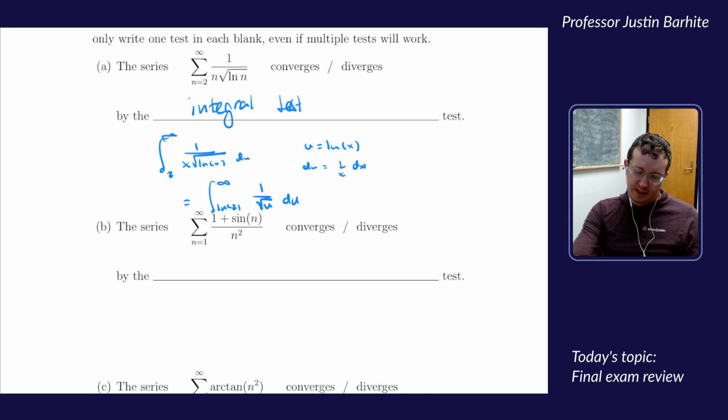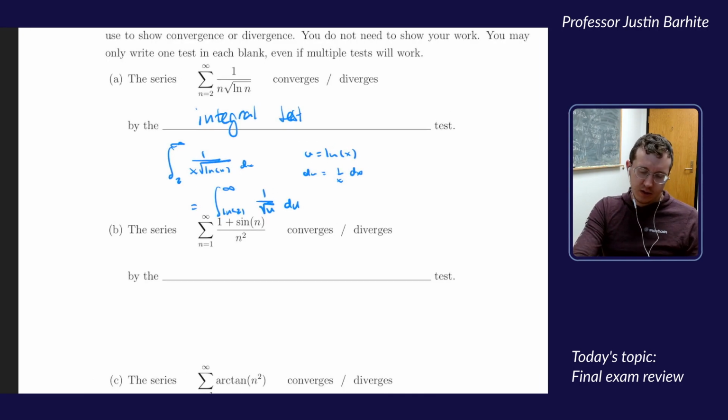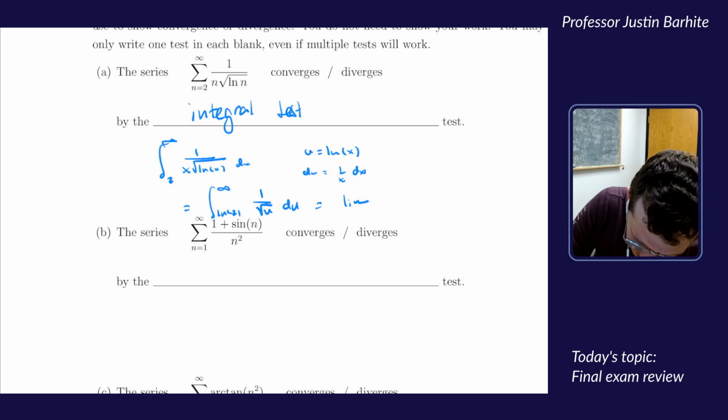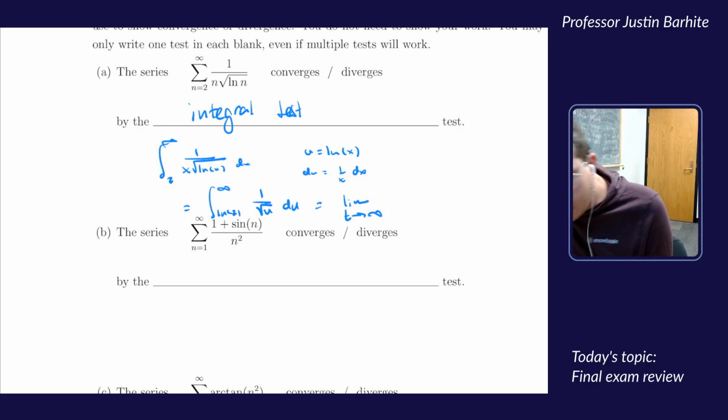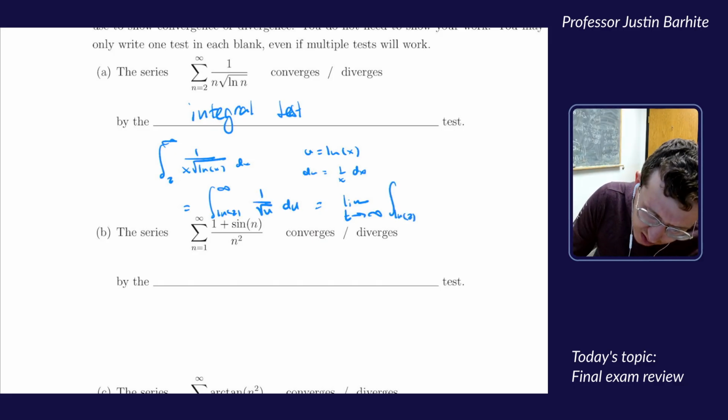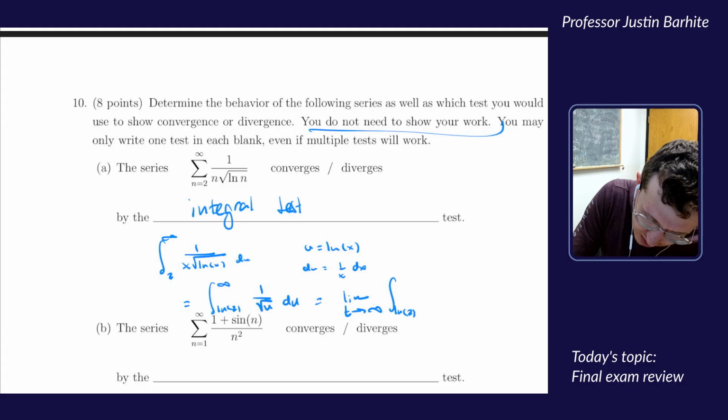Let's see. So if we're being technically correct, we should write this as a limit of proper integrals. They're not really looking at your work here. You don't need to show your work.